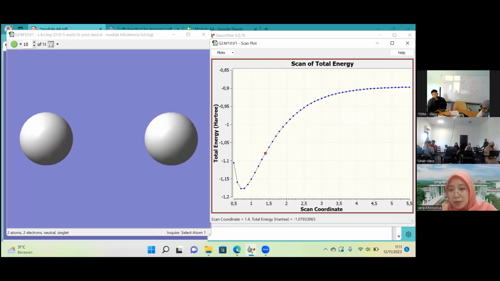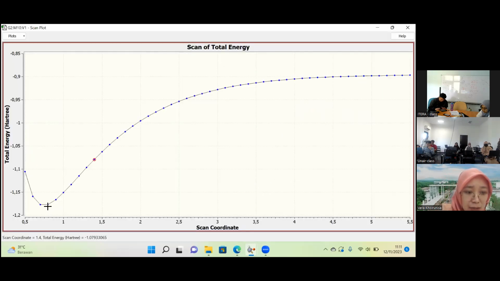The R0 is the point that has the lowest energy, the lowest total energy. So if we see here, there are two points that might be the R0, whether it is the third step or the fourth step. So we can check the energy.